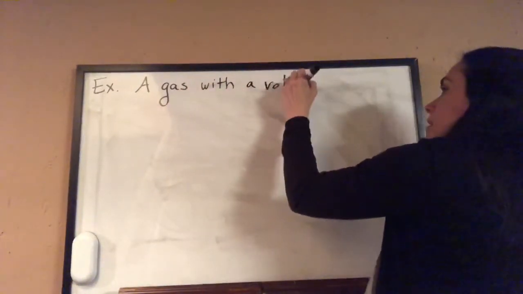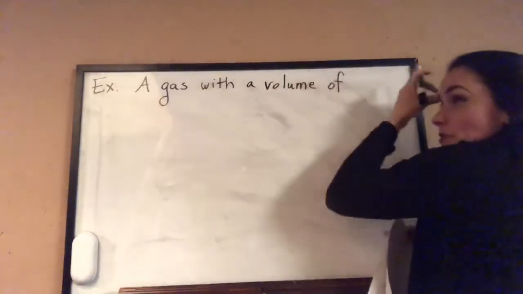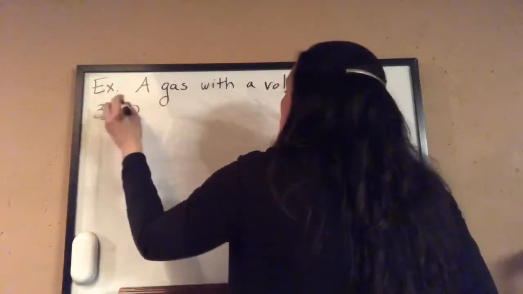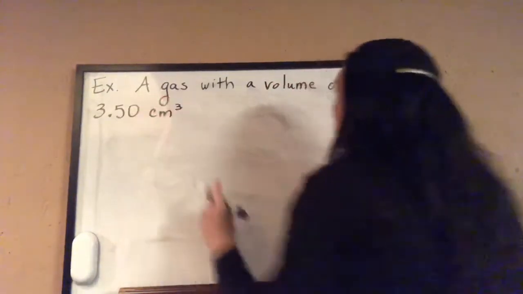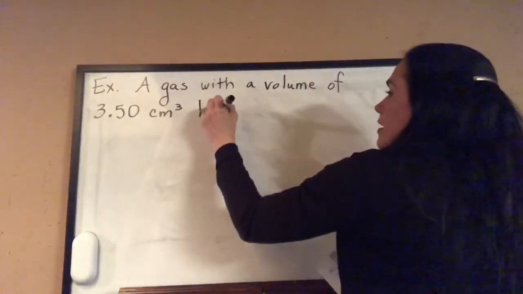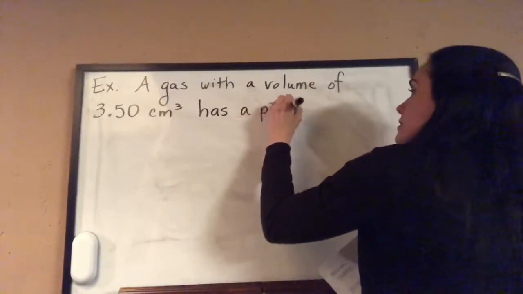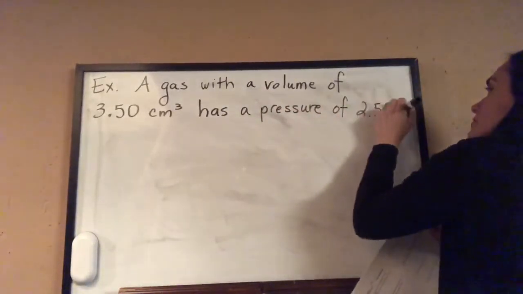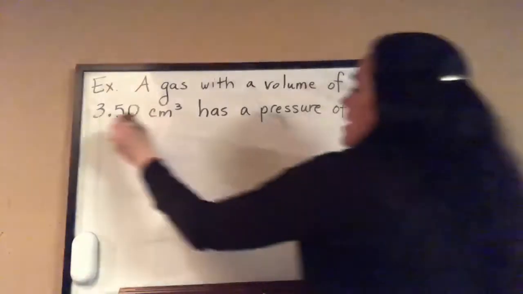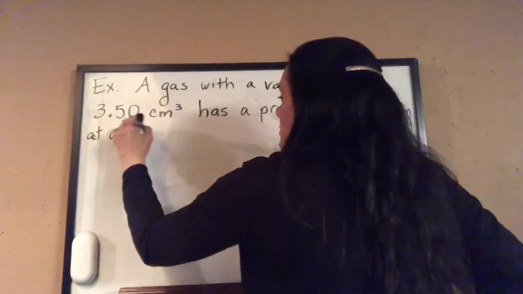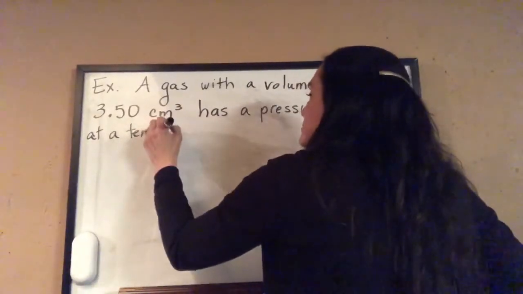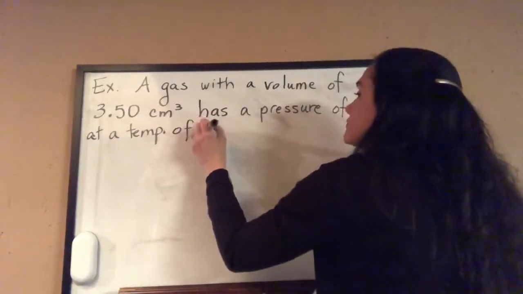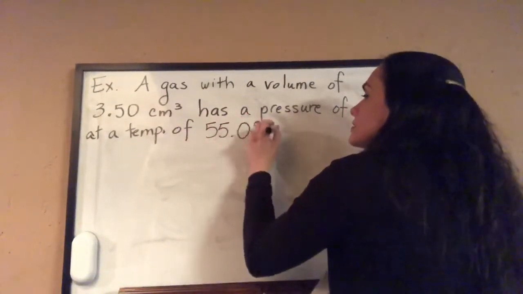A gas with a volume of 3.50 cubic centimeters has a pressure of 2.50 atm at a temperature of 55 degrees Celsius.